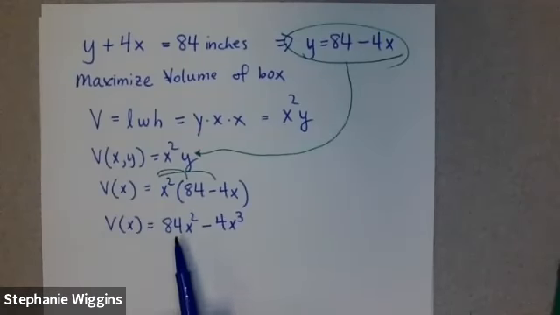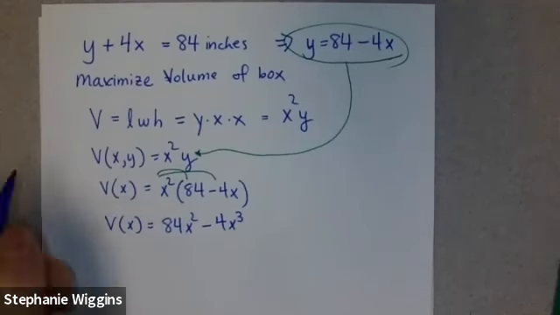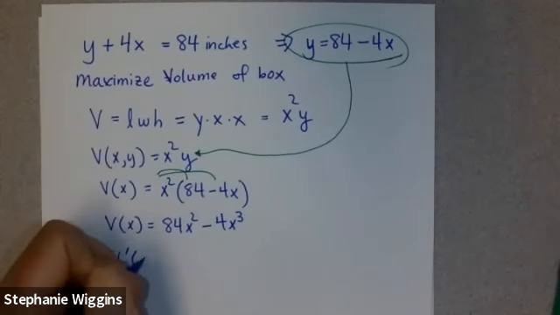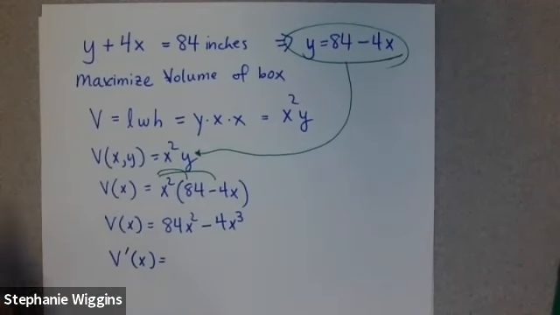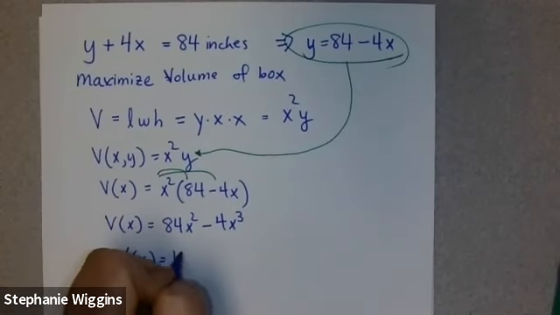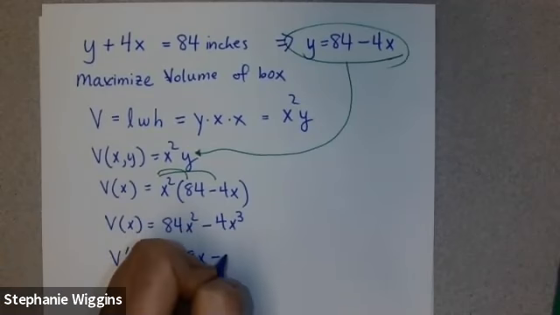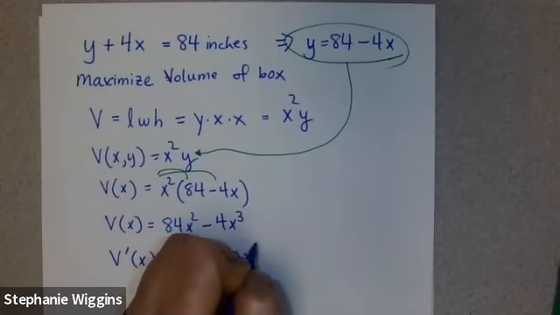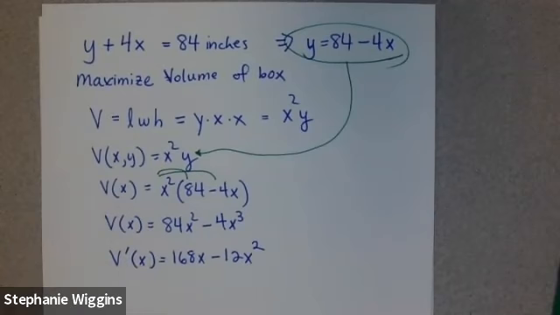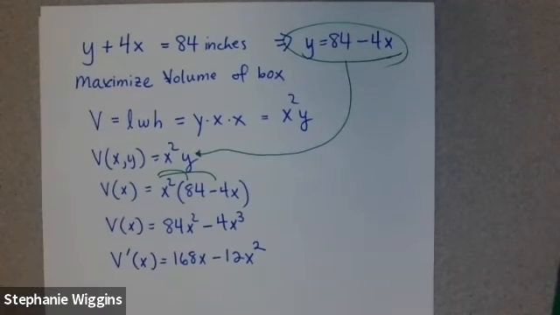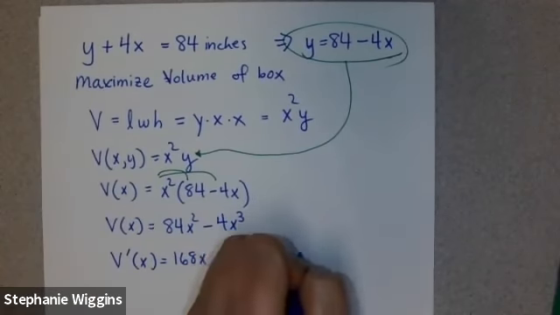And this is the point when you've simplified it enough to go ahead and take that first derivative. And 2 times 84 is 168X, minus 3 times negative 4 is negative 12X squared. I'm subtracting 1 from the 3 in the exponent there. I'm going to set this equal to 0.